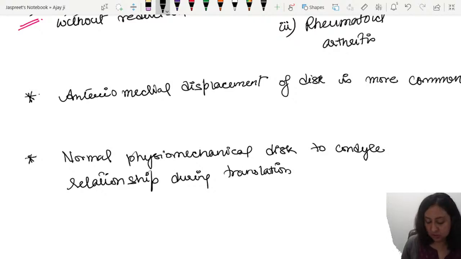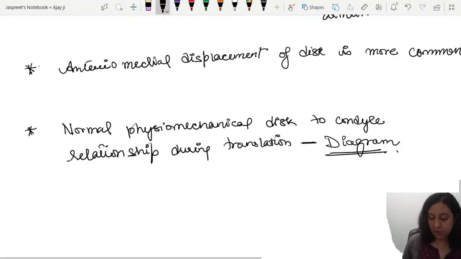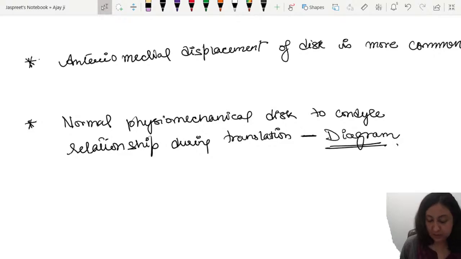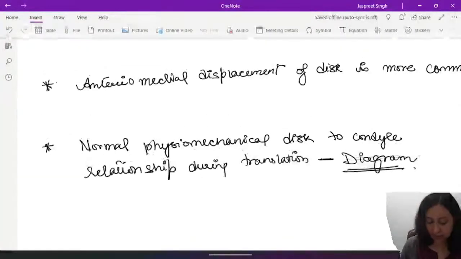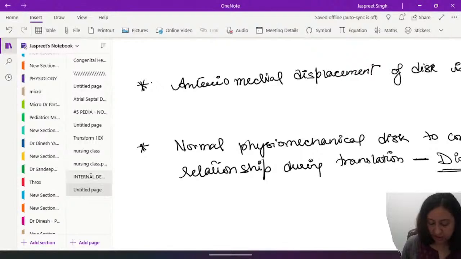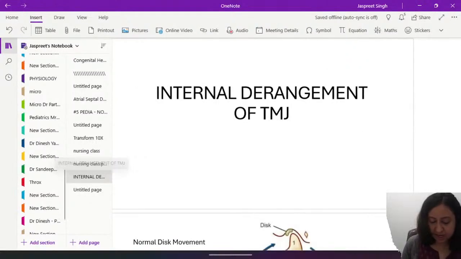What is this? We will see this with the help of a diagram. I have the diagram with me and I'm going to explain it to you with the help of the diagram. I have arranged some very basic diagrams for you.